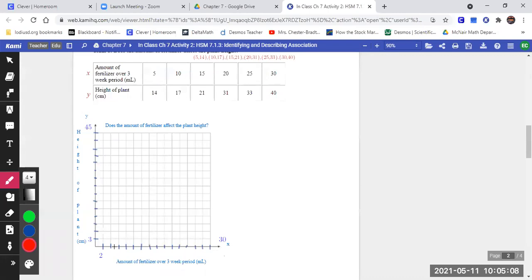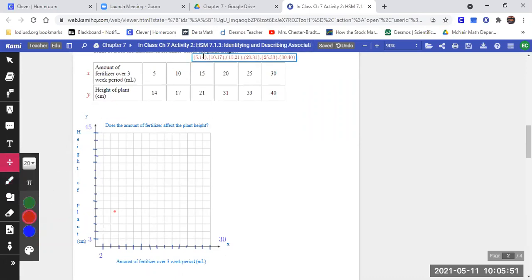What do we get? 4.6. So I'm going to be between the 4th and 5th line, right? So 1, 2, 3, 4, a little bit higher than halfway, right?